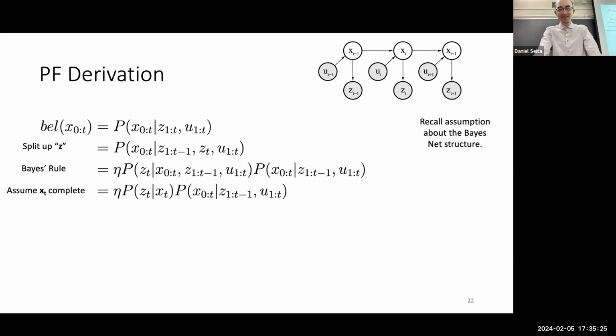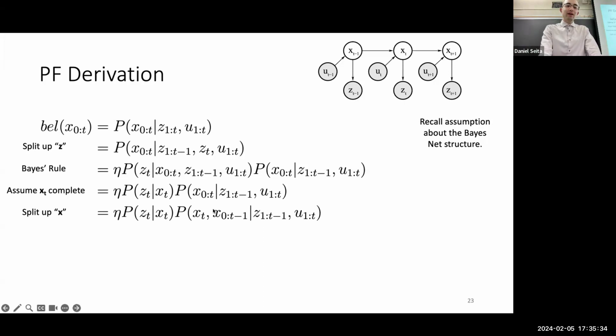So we split it up again. If we're trying to do something recursive, then we need something here that is the probability of x from 0 to t minus 1, with these going to t minus 1. That's basically what's going on here.